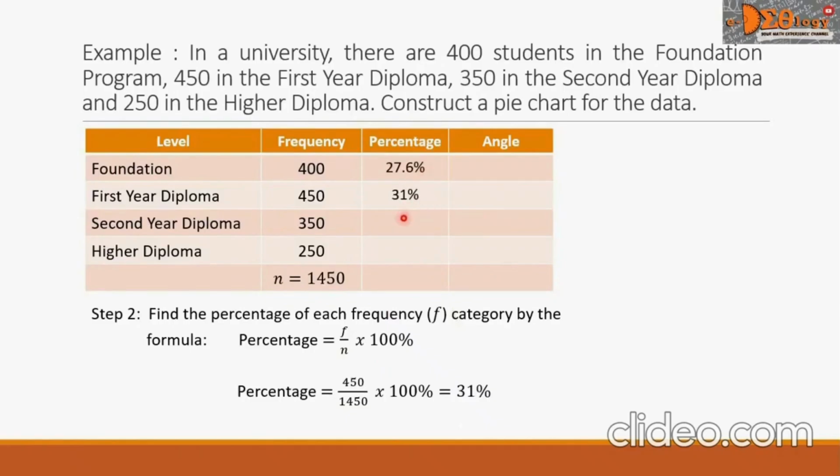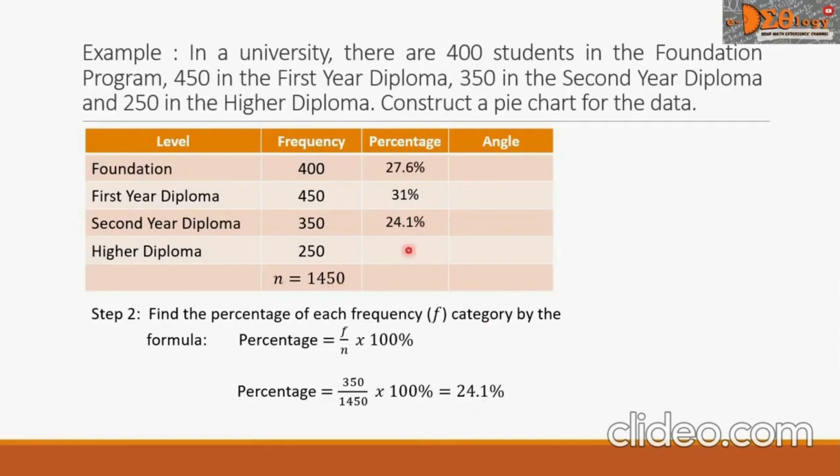We got this when we have 450 divided by 1450 times 100%. The next blank is 24.1%, and that is when we have 350 divided by 1450 times 100%.